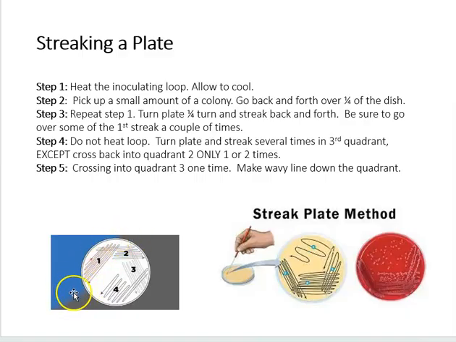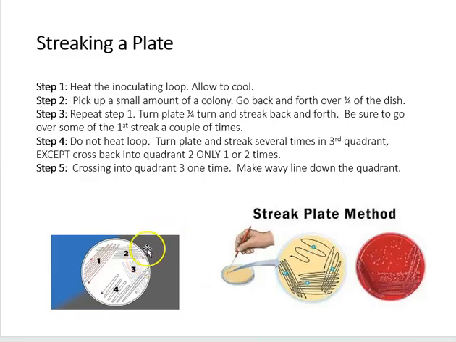We go across 1 quadrant, okay? And then we sterilize our loop and streak across this. You only go across this part one time. Then when you come back, you don't come back into here.